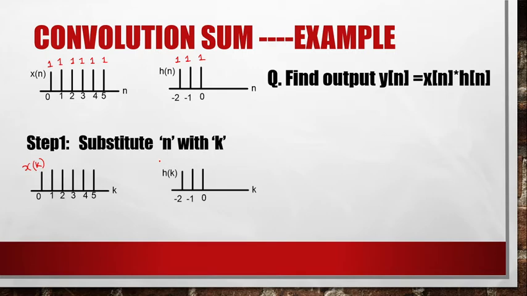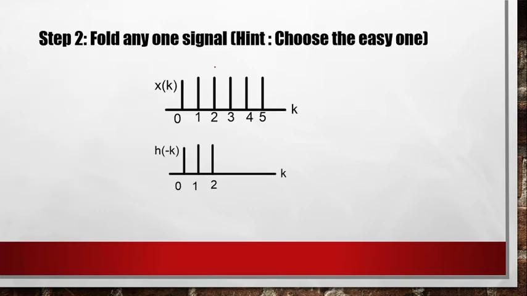Okay, so the next is, now you fold any one of the signals which is convenient to you. Anyone. You can fold this signal also, you can fold this signal also. As this signal has fewer items, I have folded this signal.